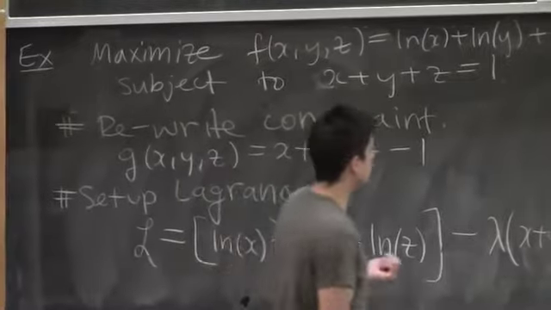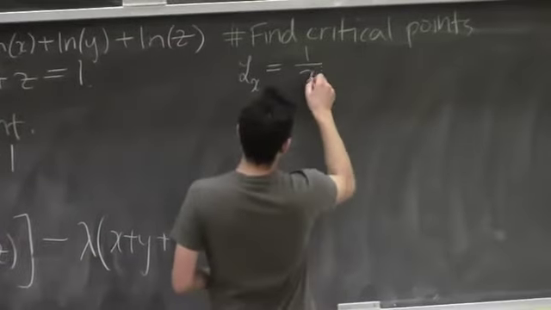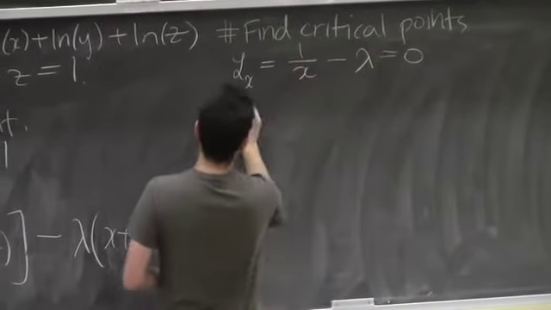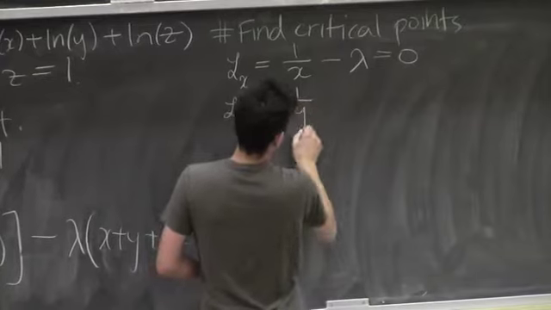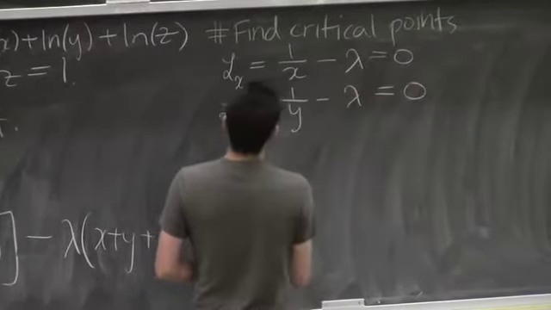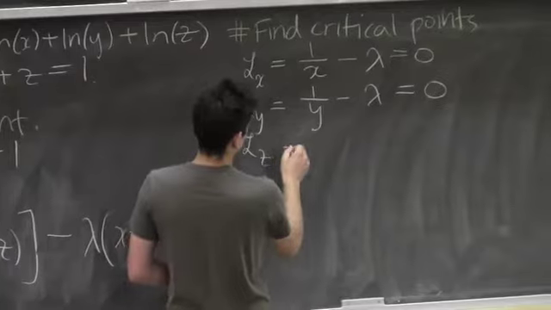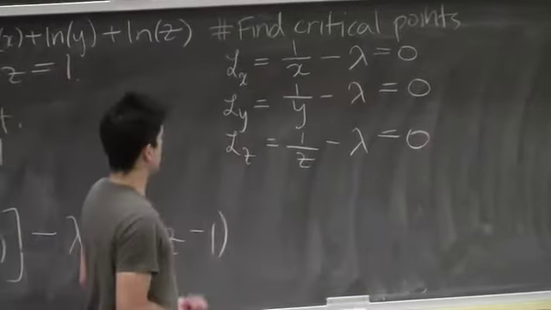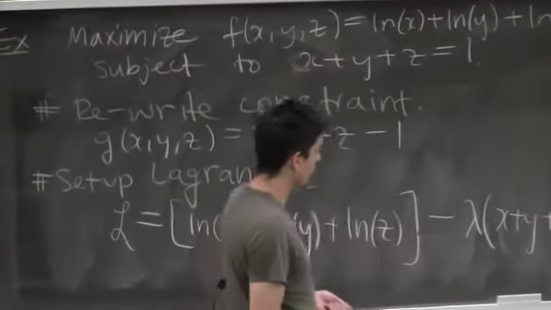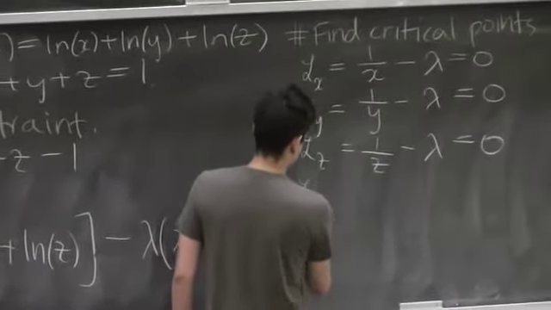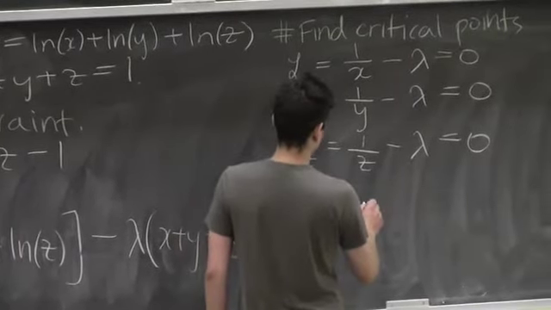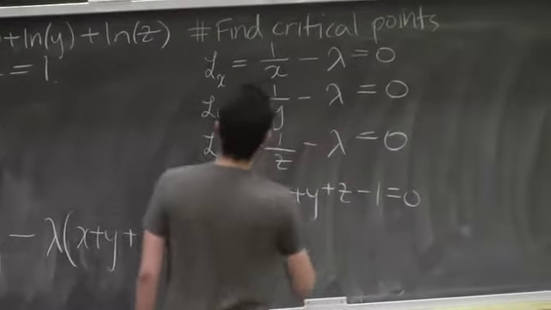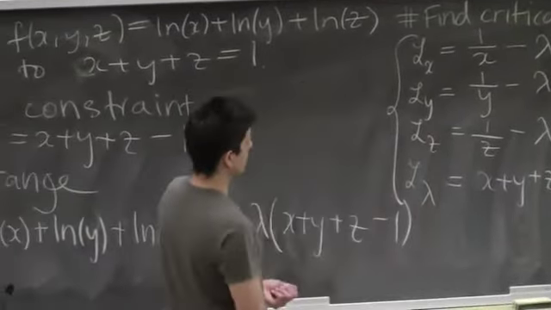So the derivative here will be 1 over x minus lambda is 0. Okay, and then we get here.